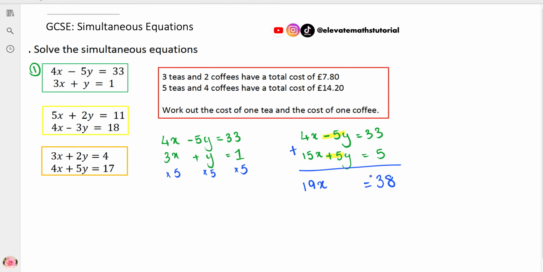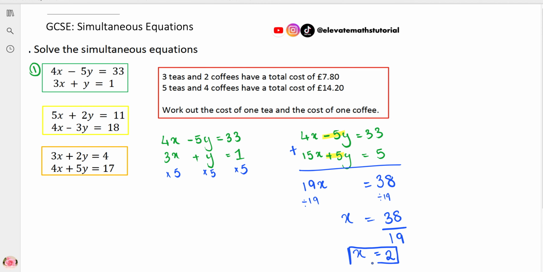This is a one-step solving equation. So in order to get rid of the 19, you technically divide by 19 on both sides. So x is equal to 38 divided by 19, and the answer for x here is going to equal 2.